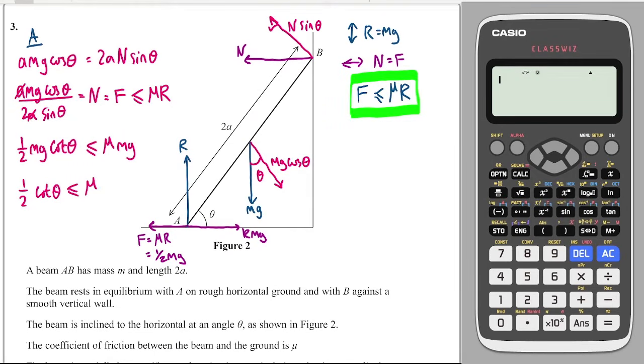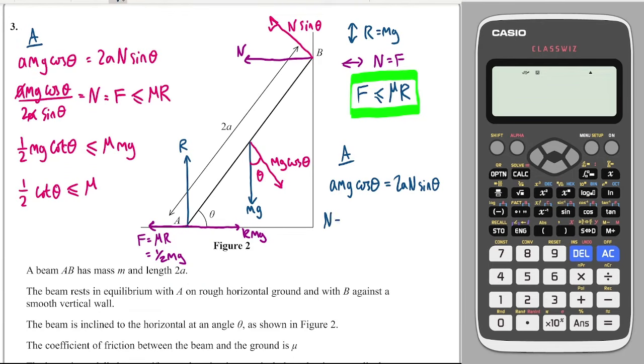Okay, now what we can do is look at taking moments at A again. So now if I take moments at A, I will have once again a mg cos theta is equal to 2a n sine theta.